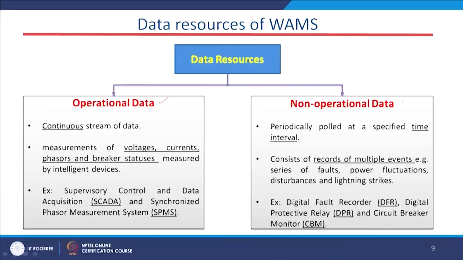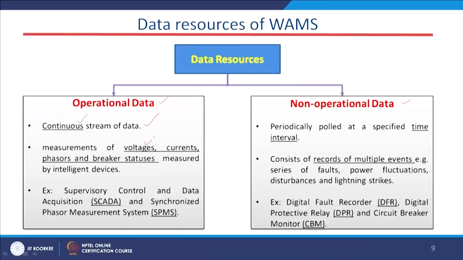As far as the data sources are concerned, we have two types of data. The first one is operational data and the second one is non-operational data. Let us see the basic difference between these two. Operational data is a continuous stream of data. It is real-time data, basically measured at the PMUs, the phasor measurement units.